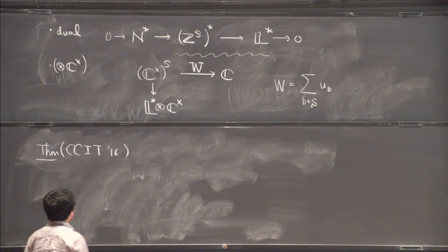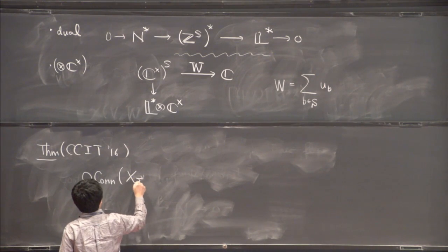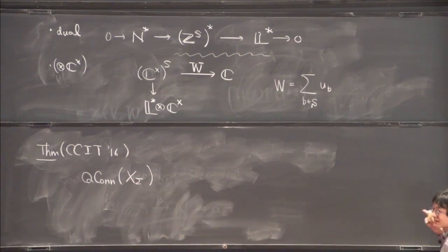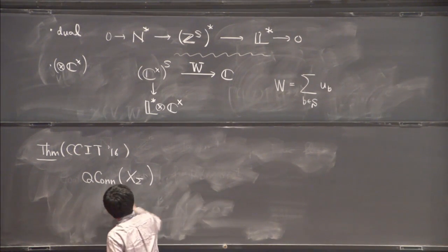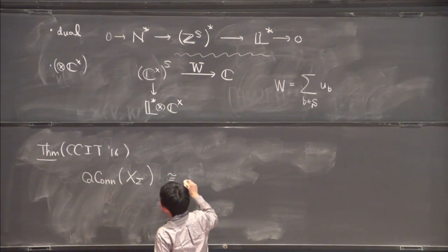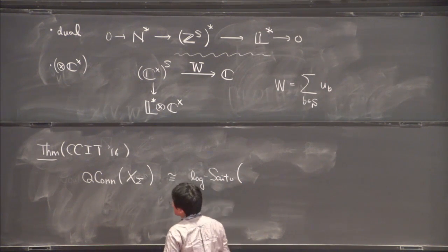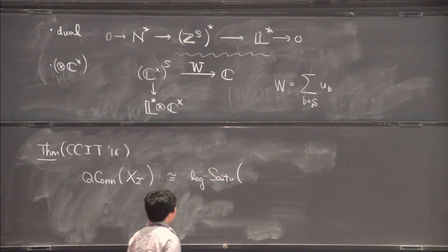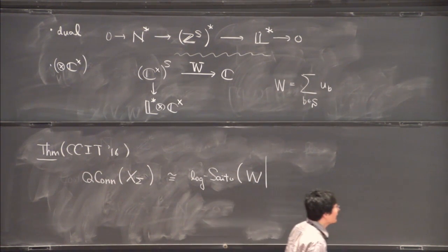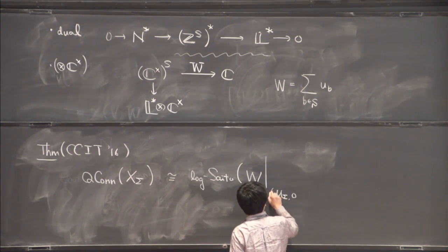If you consider the quantum connection of the toric stack X_sigma associated with a stacky fan sigma, this is isomorphic to the log Saito structure associated with W, restricted to the formal neighborhood of the origin of this chart.